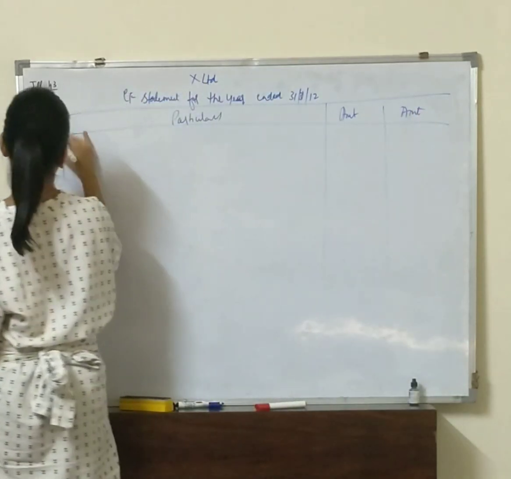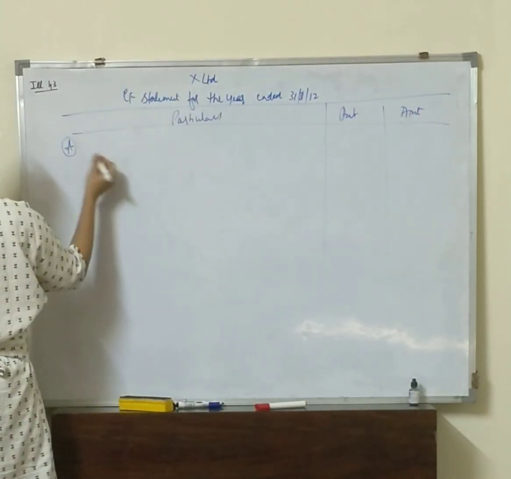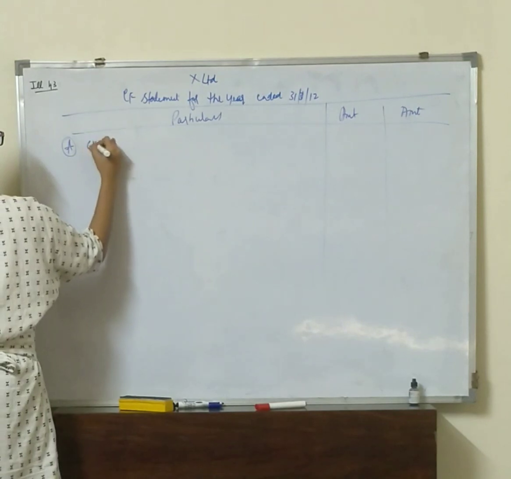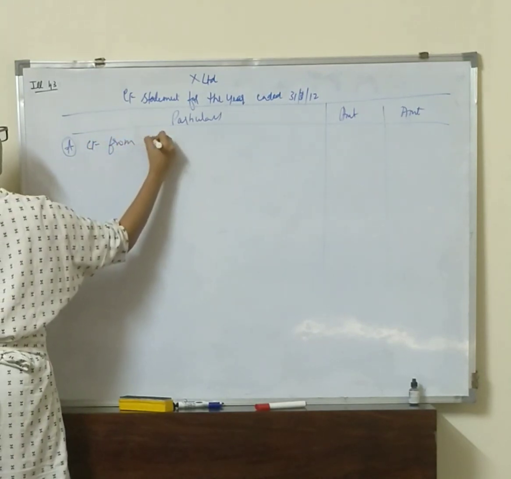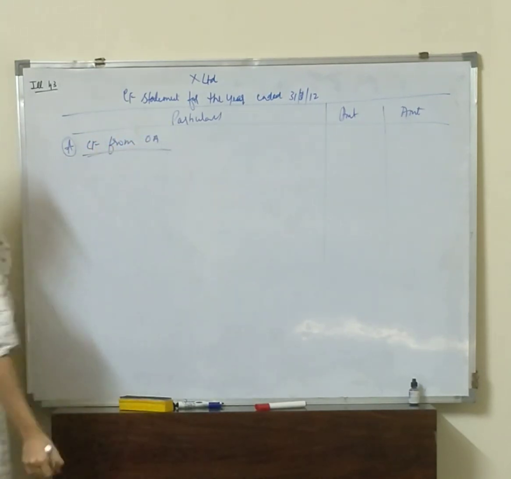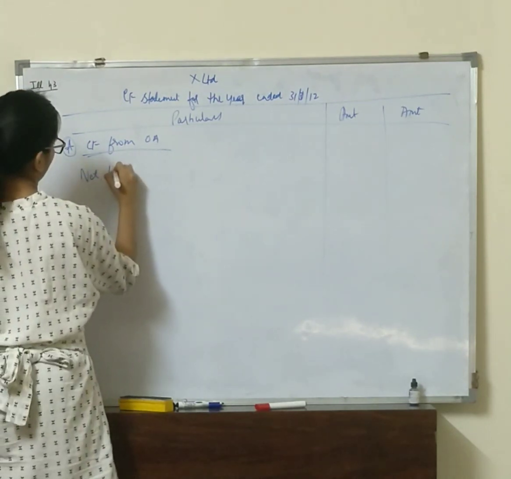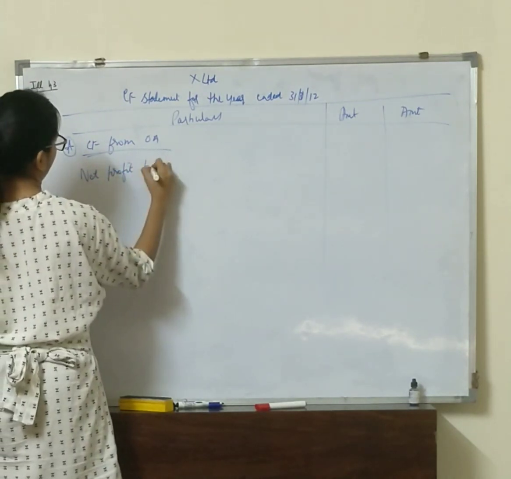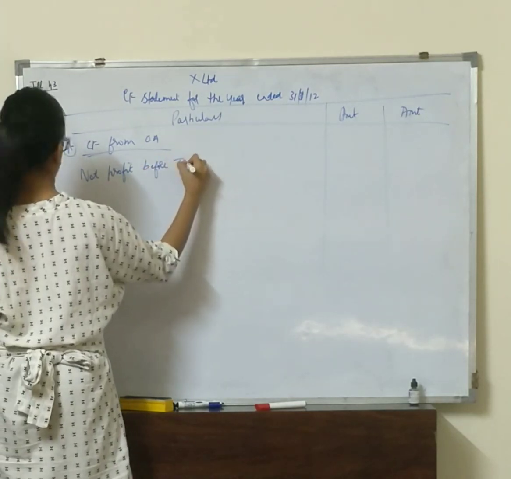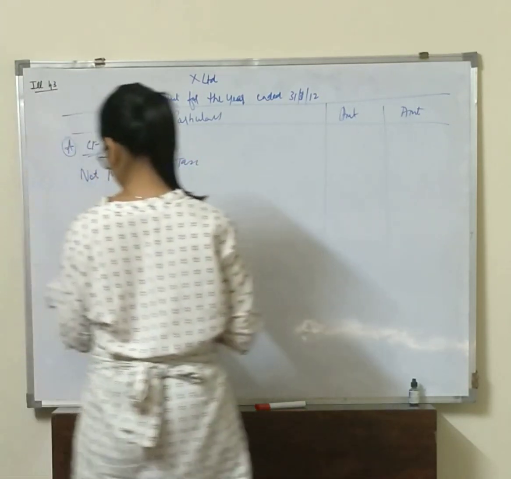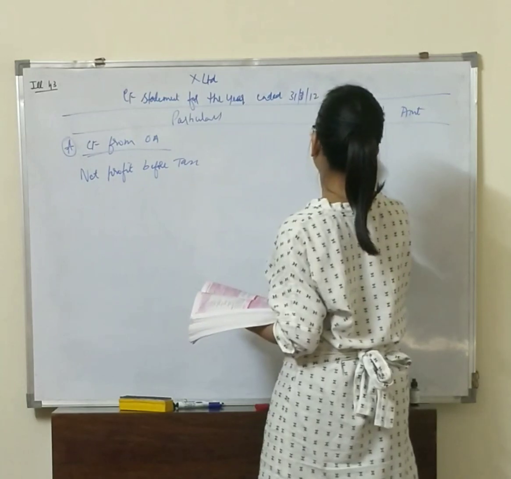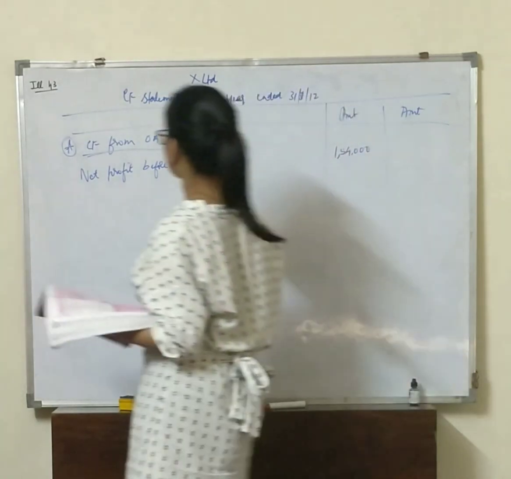So the first thing to do is A, cash flow from operating activities. Under cash flow from operating activities, what's the first thing you will be writing? Net profit before tax. What is our net profit before tax? It is 1,54,000.